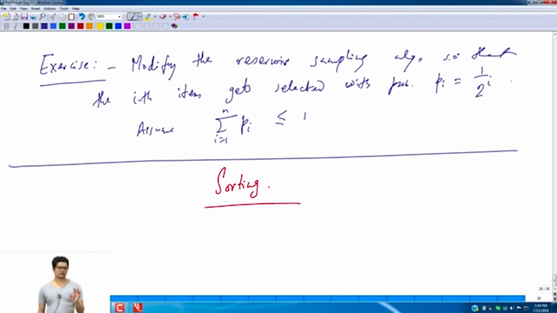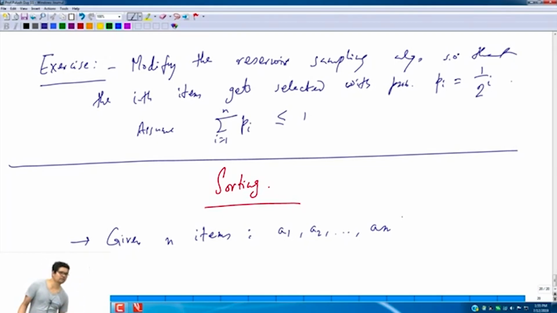Now I'm changing the setting a little bit, and let me write the setting. So we are given n items, say A1, A2 to An.